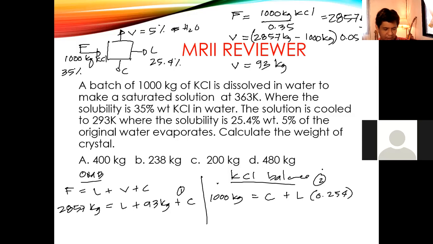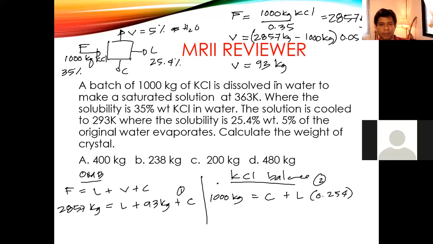Okay, so 1, then 2,857 minus 93. Next, you have 0.254. I'll do the L first. Then 1, then 1,000. So for C, what did you get? What letter is the best answer? 399, so letter A is the best answer.